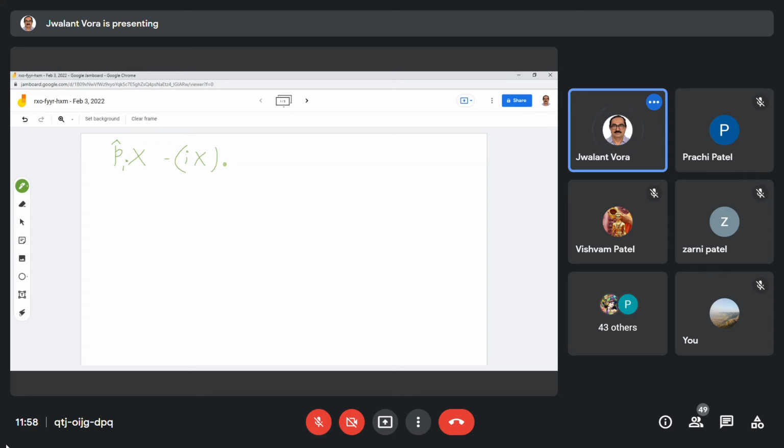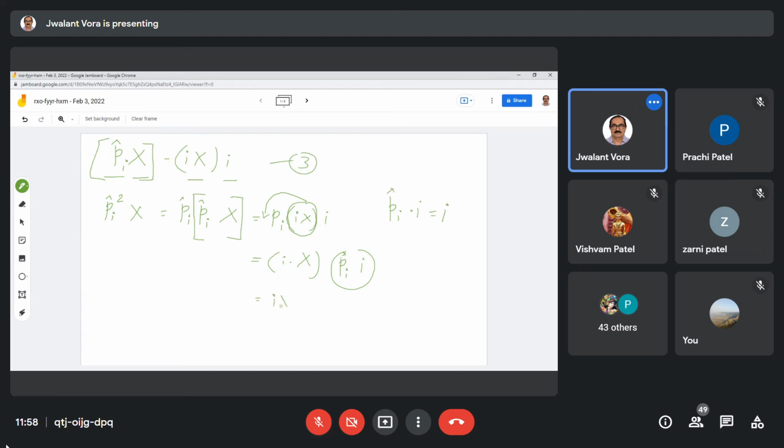Now pi into i is equal to i only. This is equal to ix into i. This is equal to, according to equation number 3, px x. So what did we prove? pi square x is equal to px x.